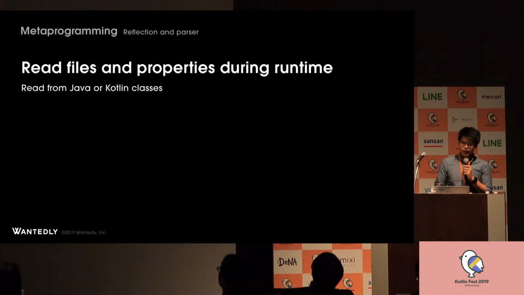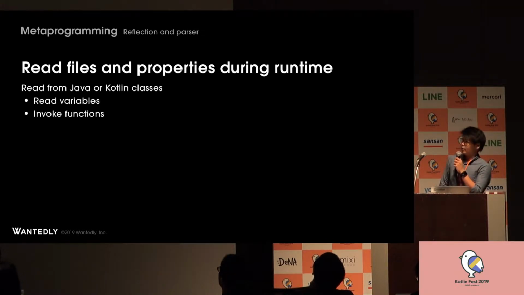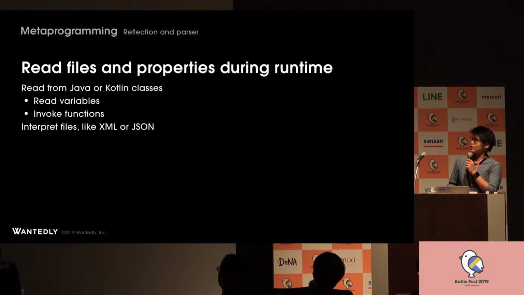And in Java or Kotlin, we can read classes, variables, functions, and modifiers. We can even invoke private functions through reflections. Not only that, we can also read and interpret other file types, such as JSON or XML files, and then add functionalities based on that.